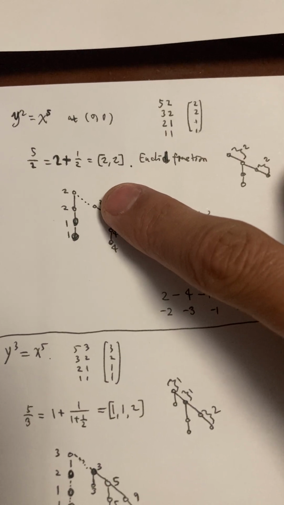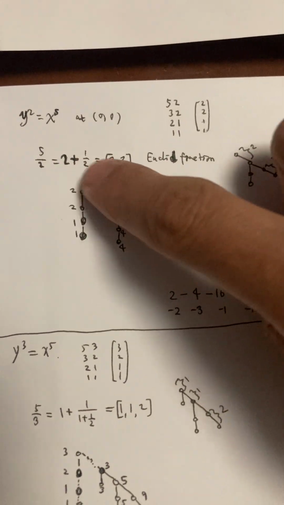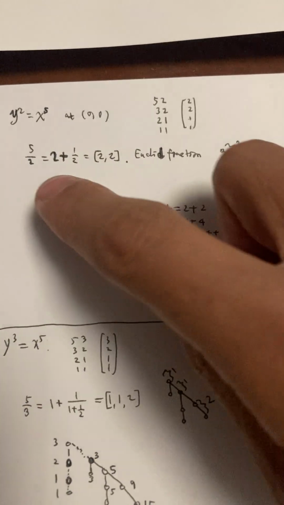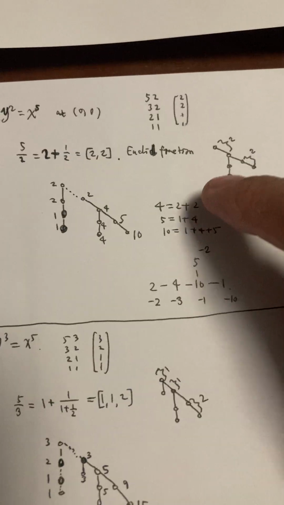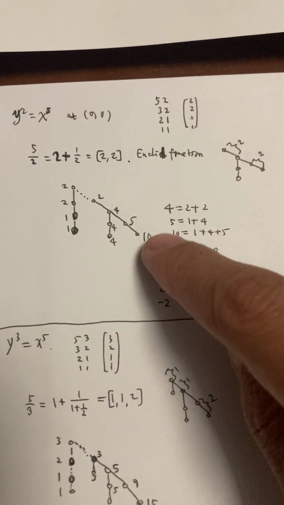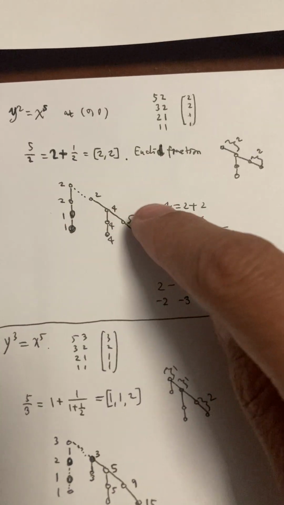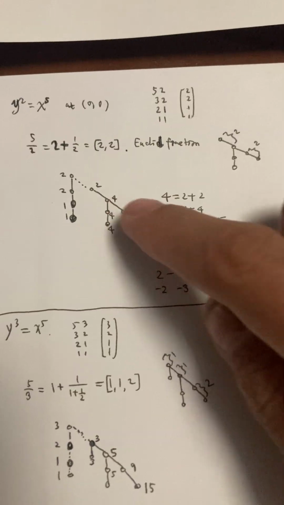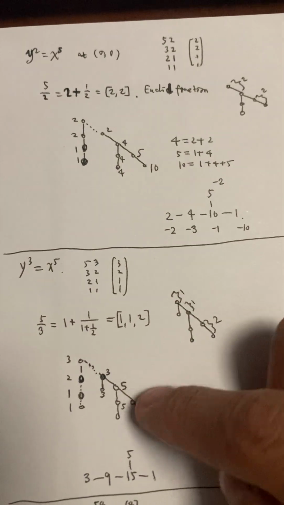Why do I fill 2 here? Because it's the sum of the first layer. 4 is the sum of the second layer. 5 is the same, 1 plus 4. 10 is 1 plus 4 plus 5. So here 4 is inherited, the same.